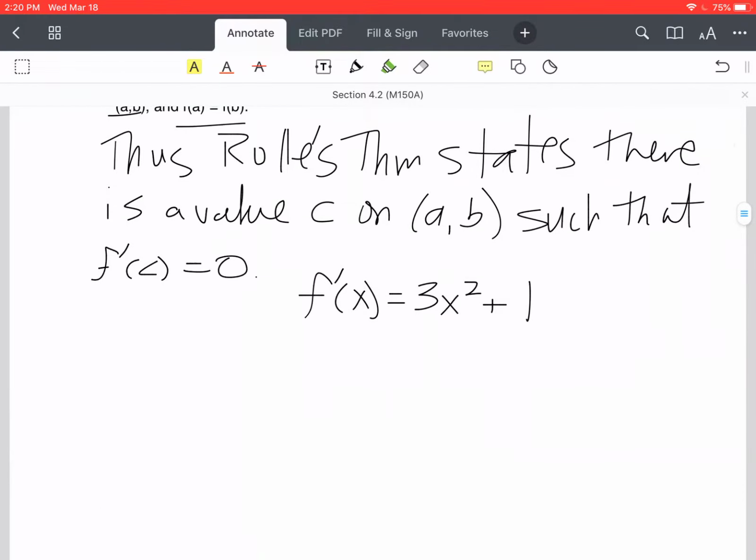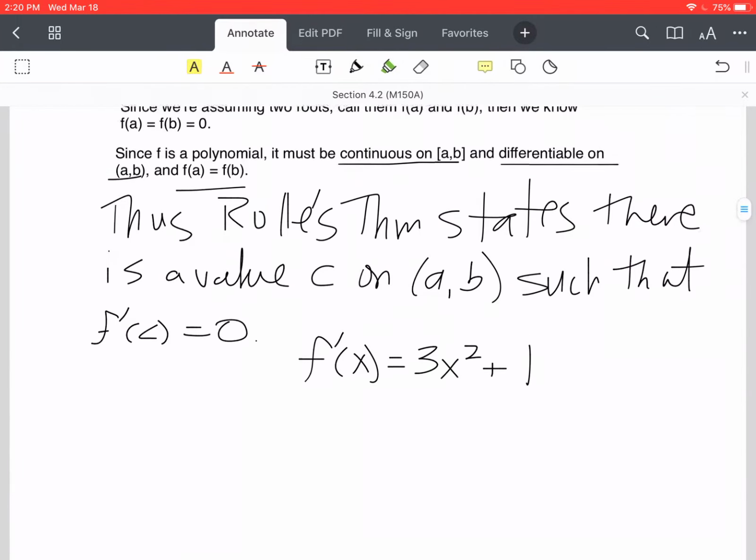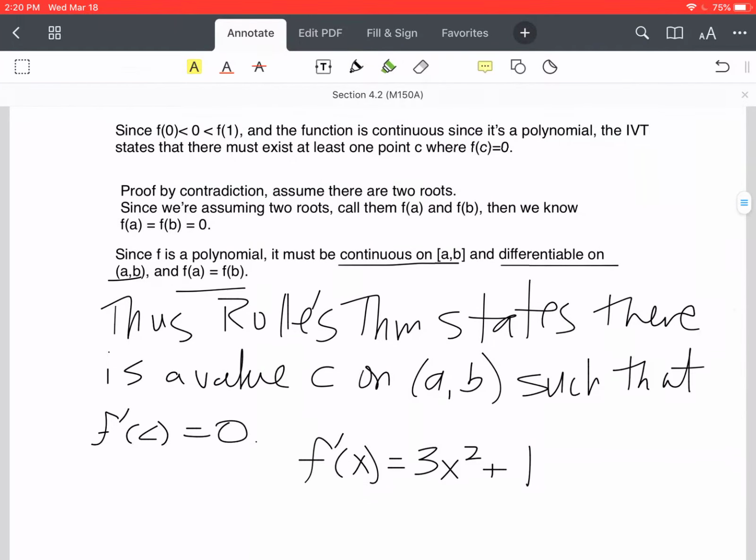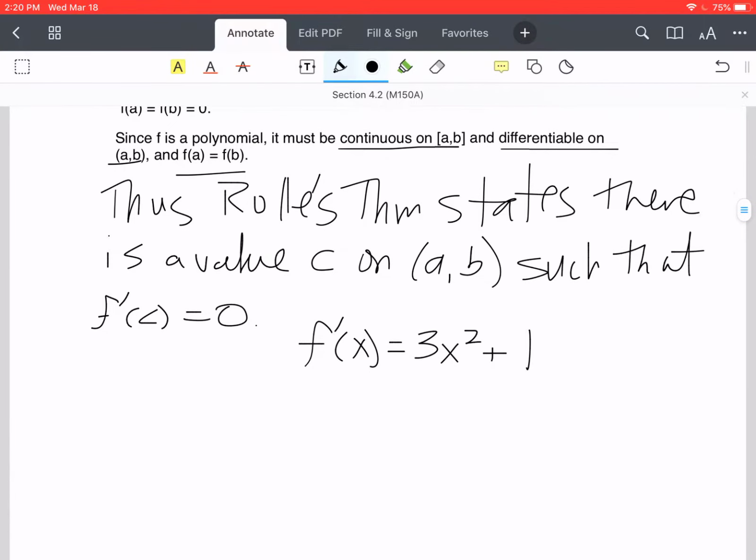Now, one interesting thing about this function, and this is where this whole argument is going to fall upon, is the fact that Rolle's theorem guarantees us that since these three conditions were met, there must be some value where the derivative equals 0.